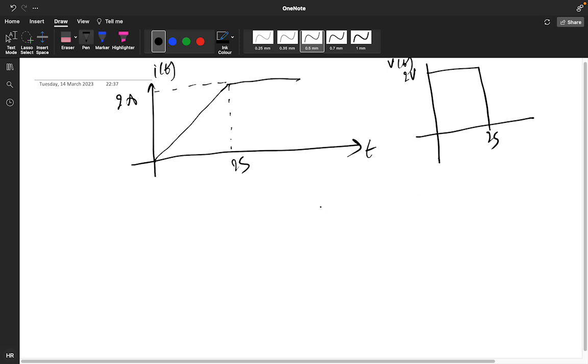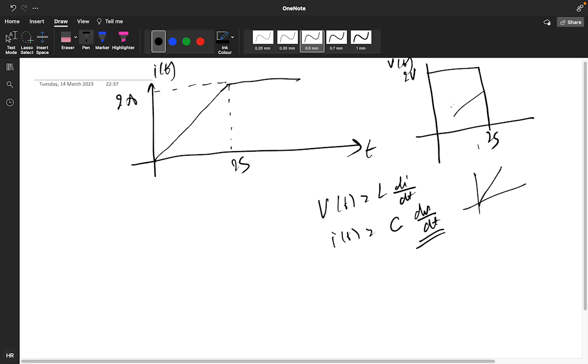So we know that v of t is equal to L di by dt, and I of t is equal to C dv by dt. Okay guys, what will be the differentiation of a square? Differentiation of a square will give you a triangular pulse.